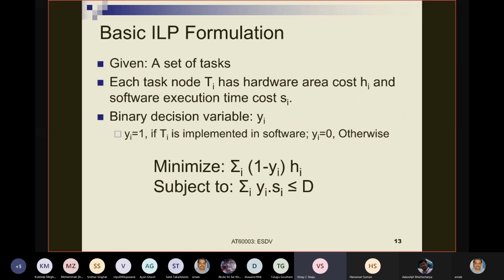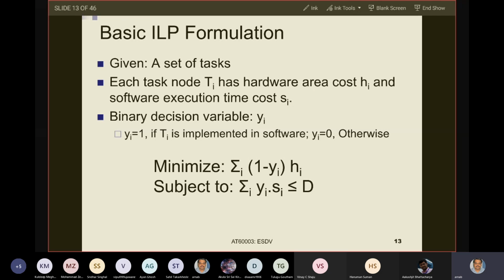Okay, so let us take our very first optimization problem on hardware software partitioning. Firstly, we will consider that we are not given a task graph. We are given an independent set of tasks for the first problem at hand. For each task node Ti, I have a hardware area cost Hi, which I have found out through hardware synthesis, and a software execution cost Si.